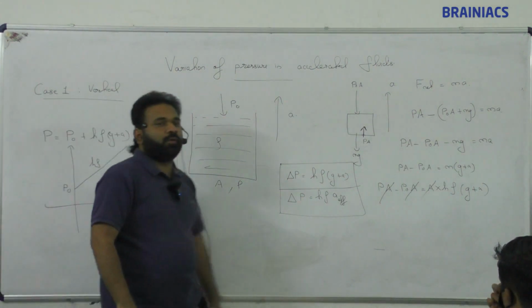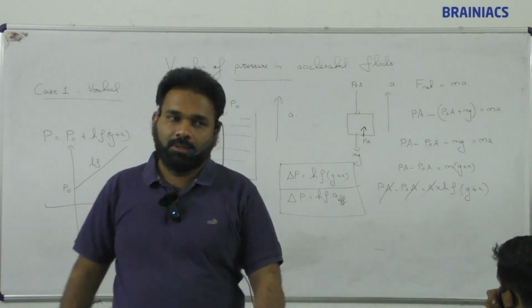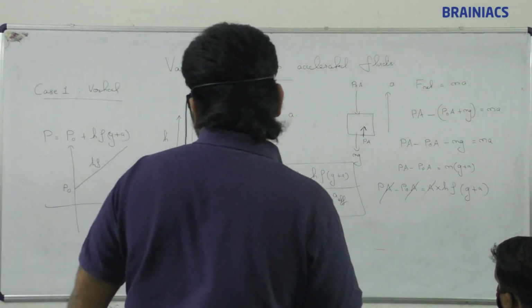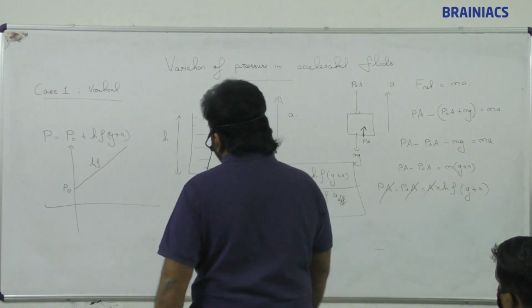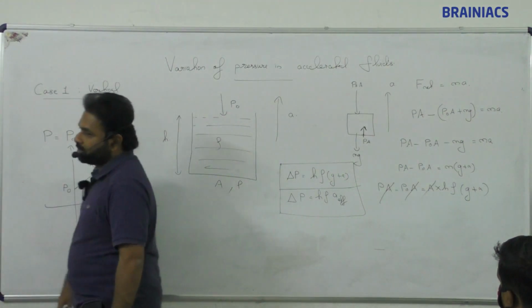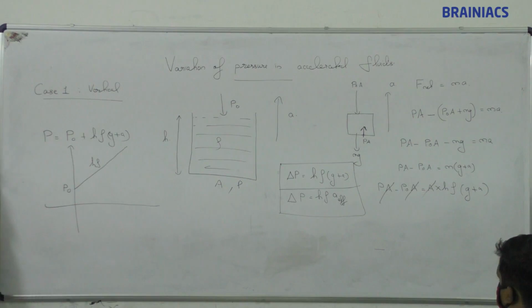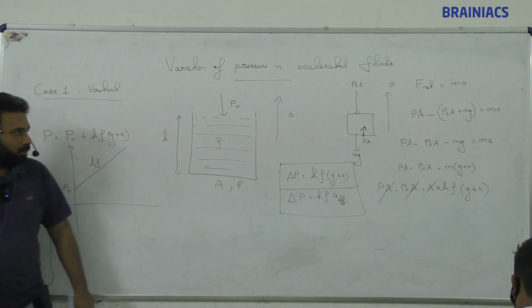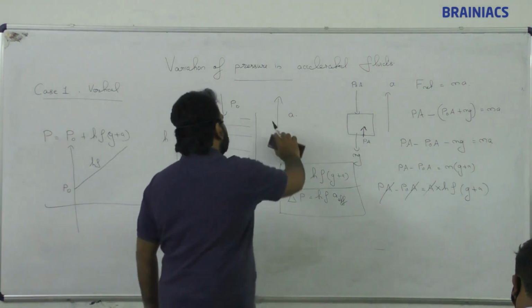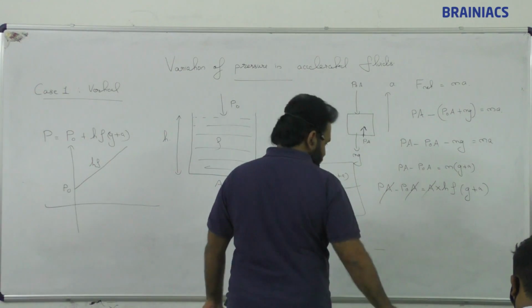Clear? If it is moving with constant acceleration, this is how it is going to be. No change in the formula. Only thing is, if it is moving up, effective acceleration is G plus A. Any doubt?